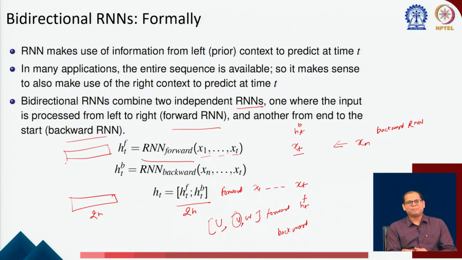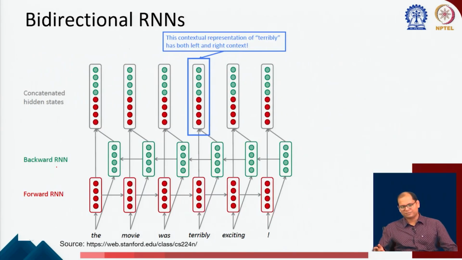So you will have 2h times V as the output parameters. So in fact your parameters double by using bidirectionality, because you are not sharing parameters across forward and backward. But this is a nice way in which you can combine information from both left to right and right to left.